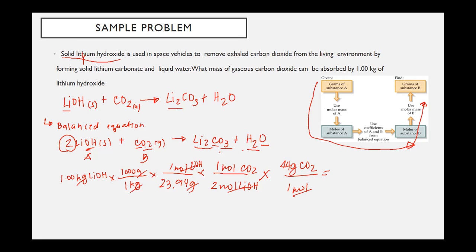Computing now, we get 1,044 divided by 23.94 times 2, which is 9.2 times 10 raised to 2 grams.